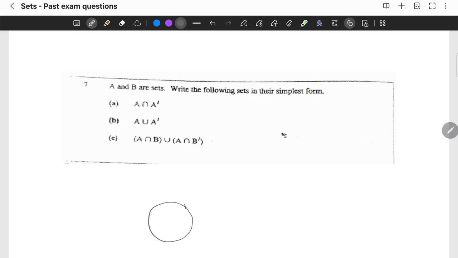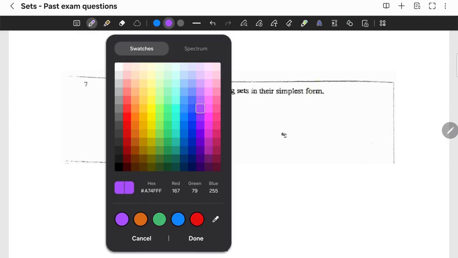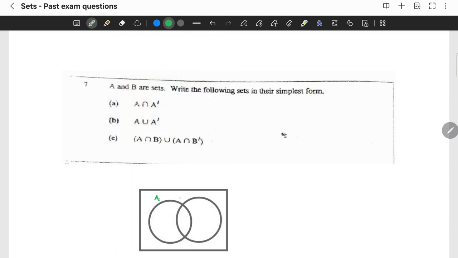If we had A and B and a universal set, if I was going to shade A intersection A complement, that's empty, because there is no intersection between what's in A and what's outside of A. So that's just going to be an empty set.